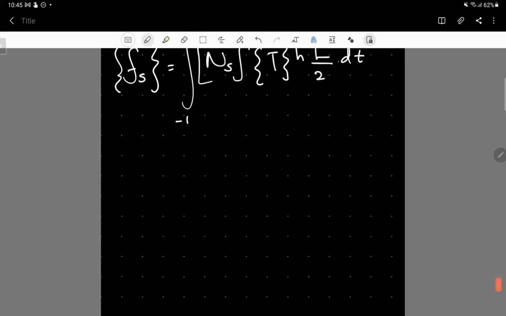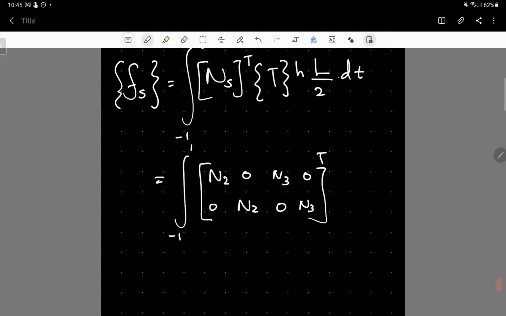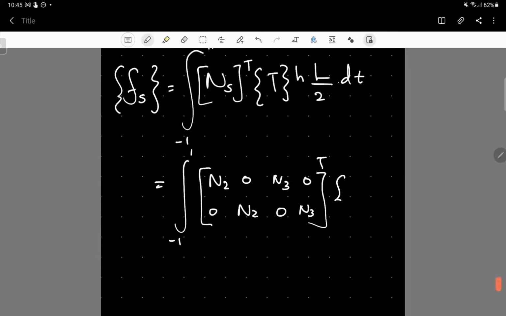Since we are interested in the edge 2, 3, the corresponding shape functions would be N2 and N3, the transformation. And what are the traction forces? We have two traction forces, PS along the S direction and the force acting in the T direction, the height, length half times dt.